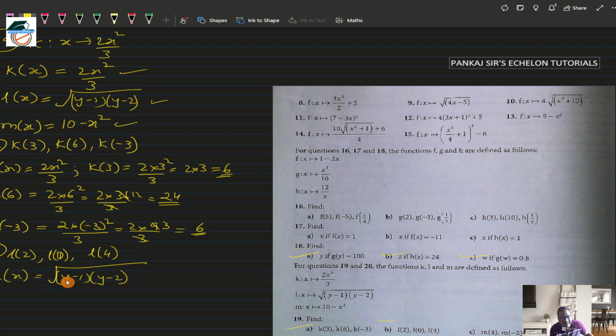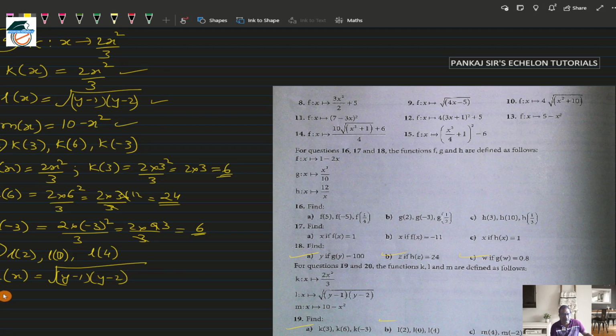Here L of x is given in terms of y minus 1 and y minus 2. So L of x is given as root of y minus 1, y minus 2.